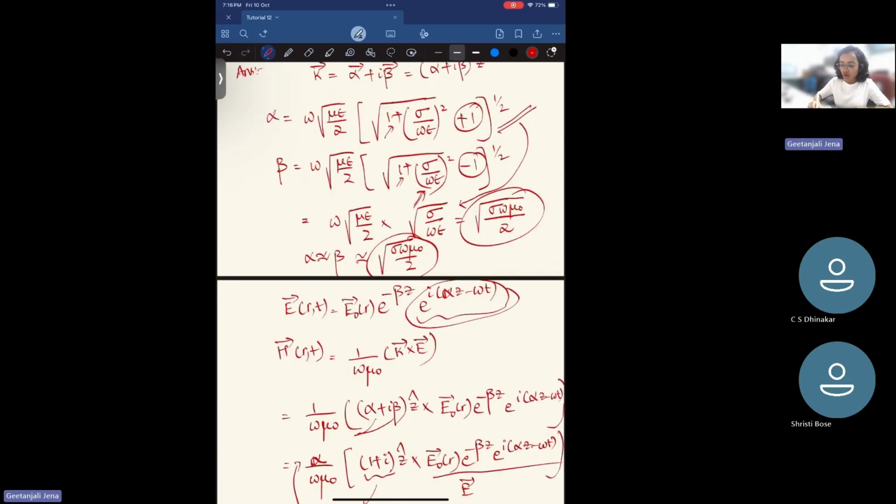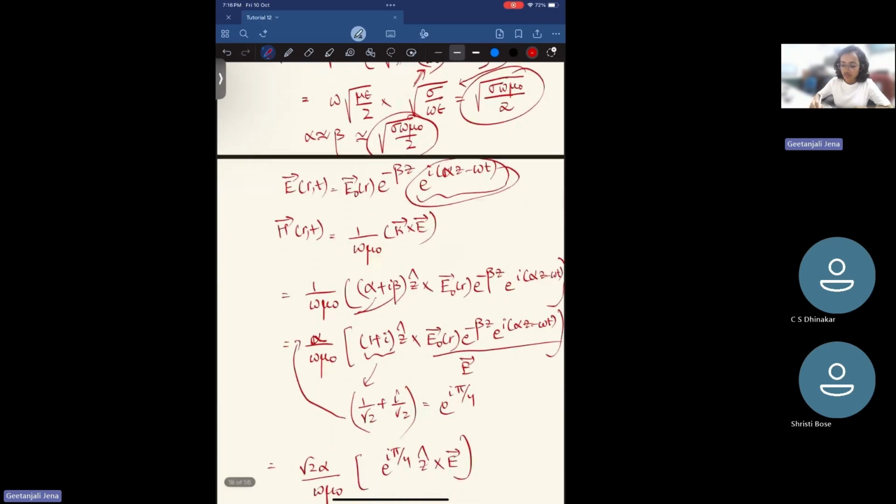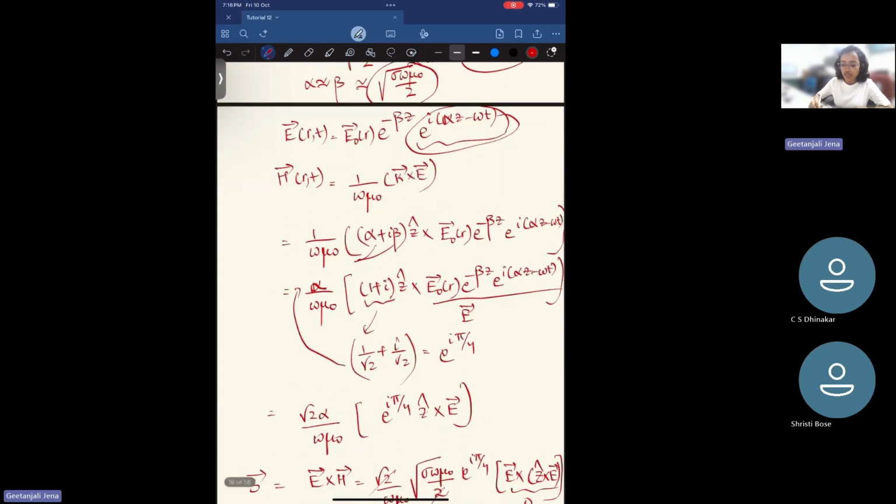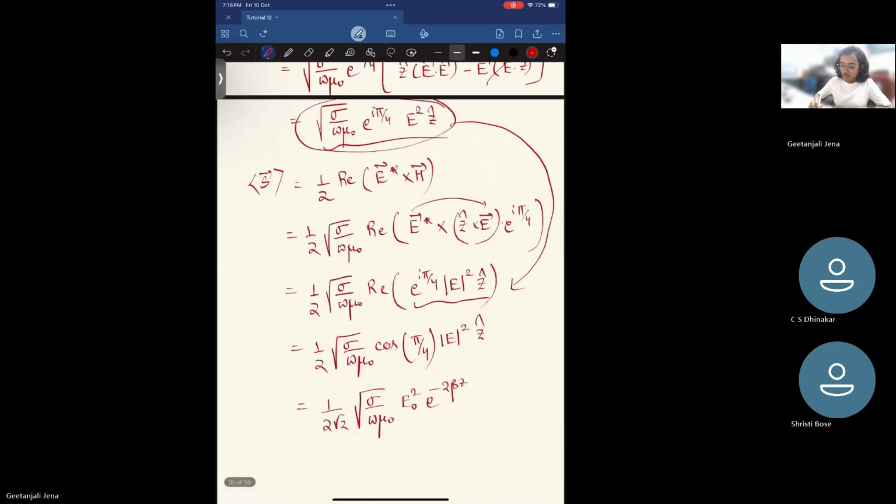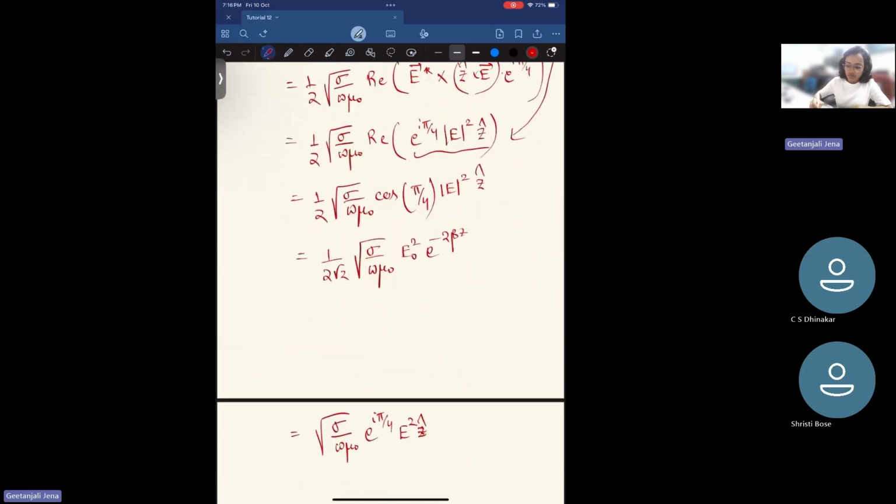This part, when you take the mod, it will cancel with the complex conjugate part. So you have e to the minus 2 beta z, Z. So this is the average value of the Poynting vector inside this conductive slab.